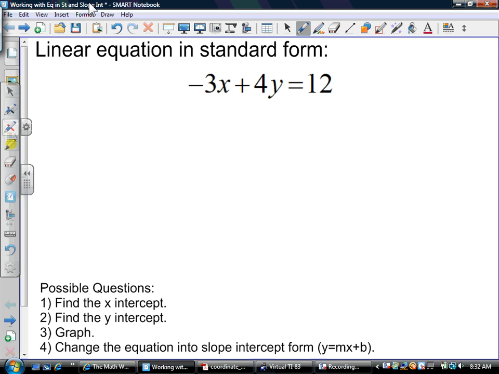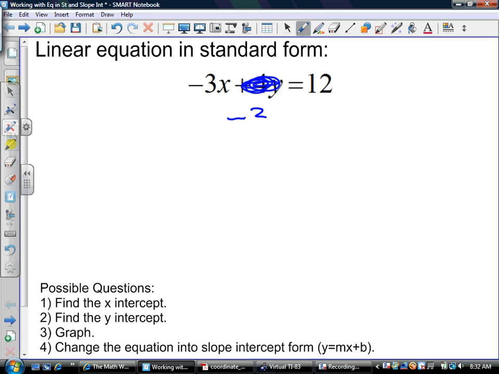So basically, we're going to find the x-intercept. The way I always tell my students is just forget about y for now. So let's just cross out a positive 4y. Alright? If we get rid of y, we're left with a very simple one-step equation. We have negative 3x equals 12.